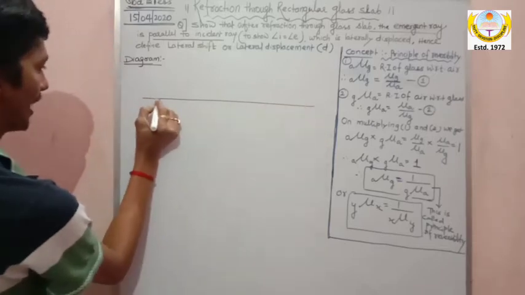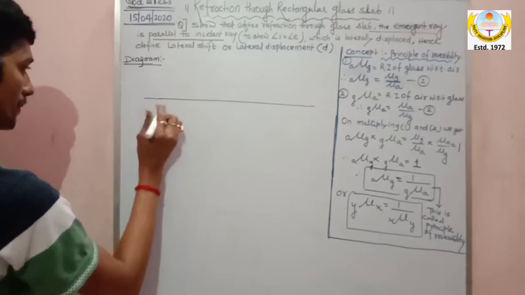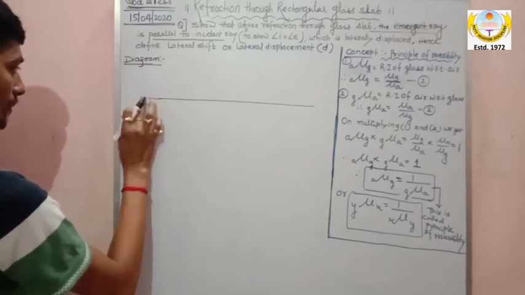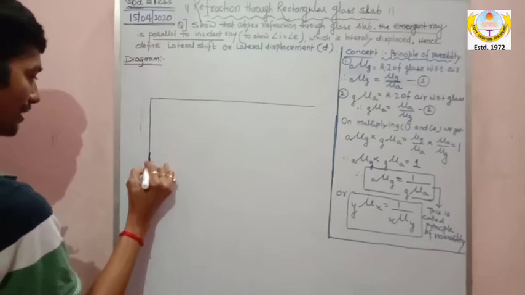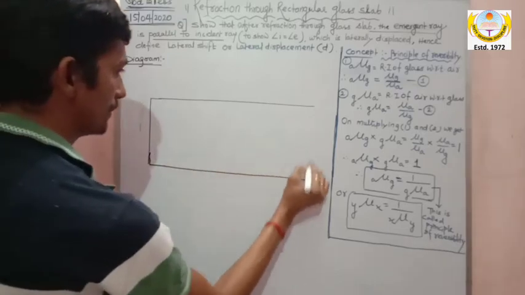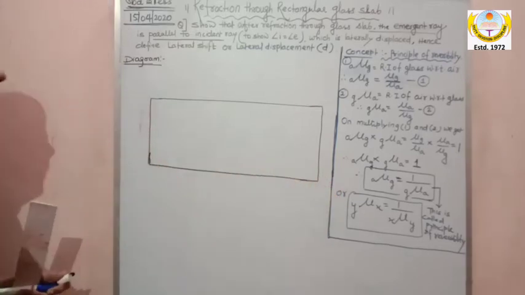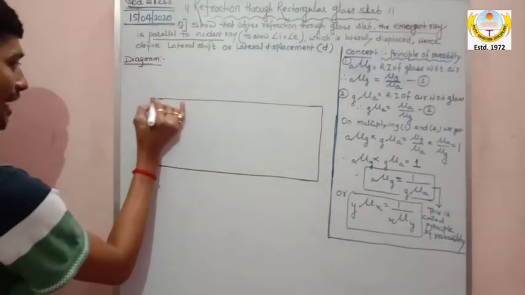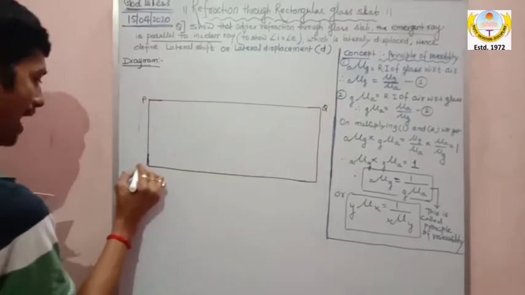Take a glass slab, my dear, in such a way, and let the name of this rectangular glass slab be PQRS.